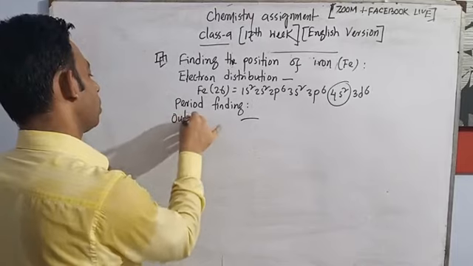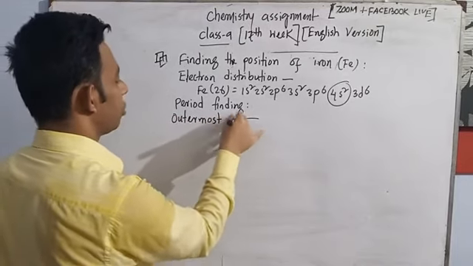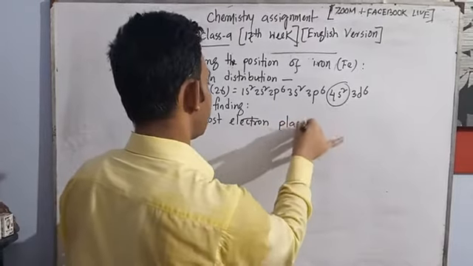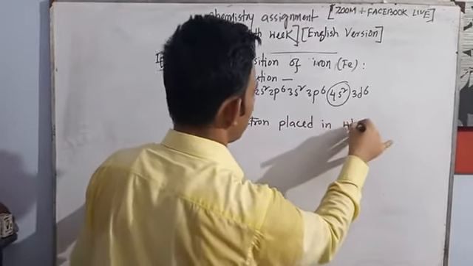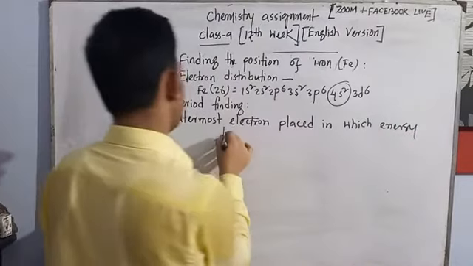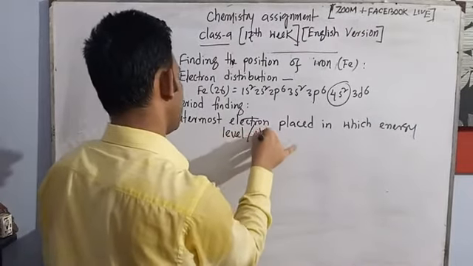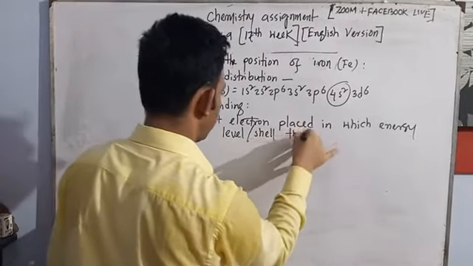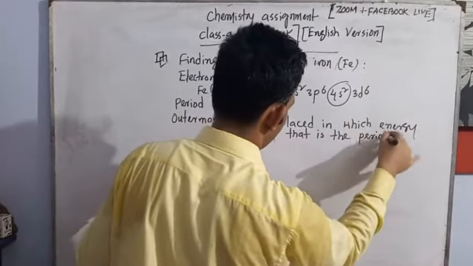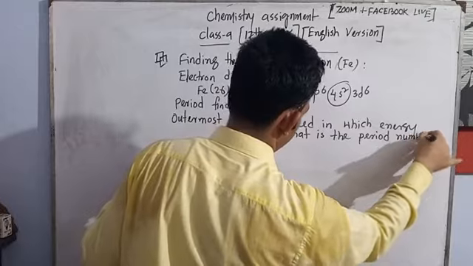The outermost electron is placed in which energy level, or you can write the shell, that is the period number.